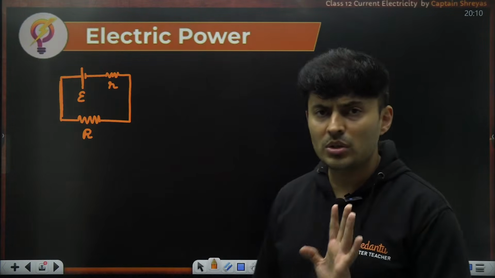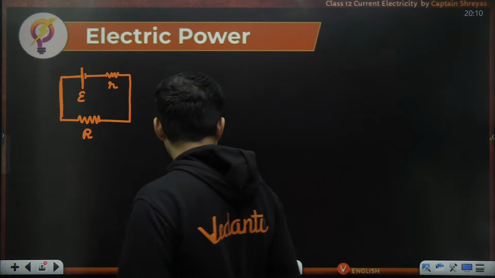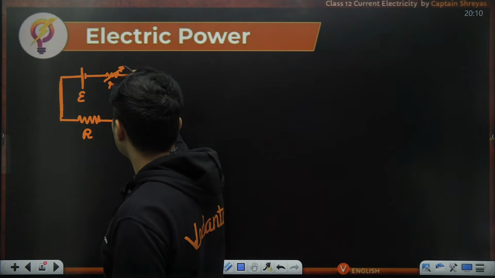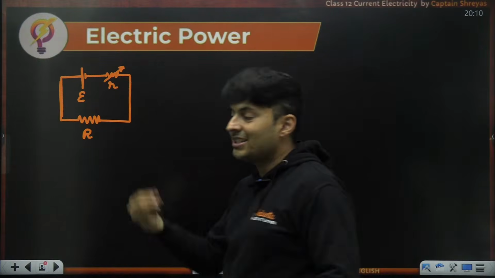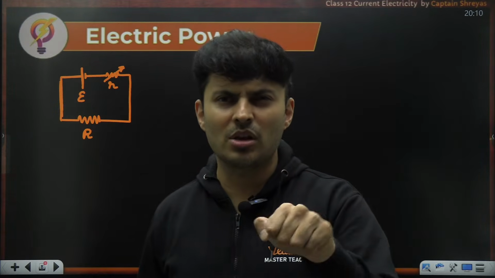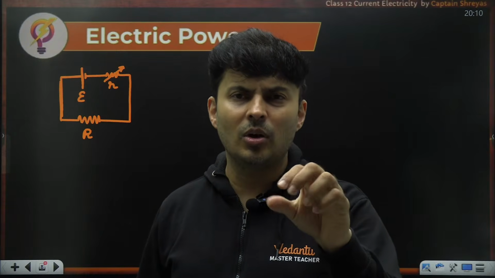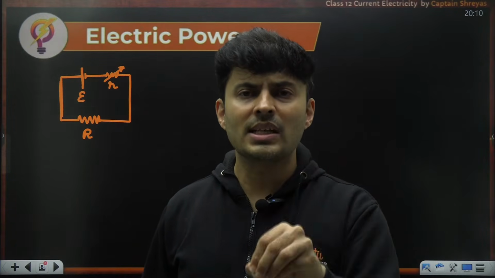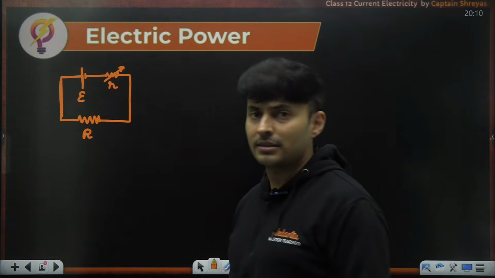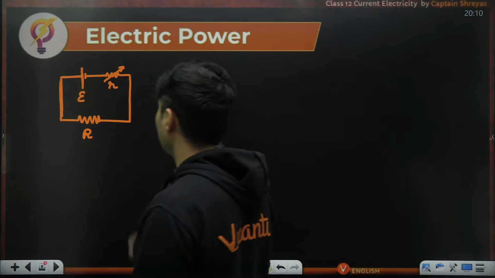When I'm allowed to change the resistance, usually the symbol used is like this. This shows that I can change it. It is also called a rheostat or sometimes a potentiometer. So by changing a knob in that resistance, you can change the value of the resistance. It's not a fixed resistance.